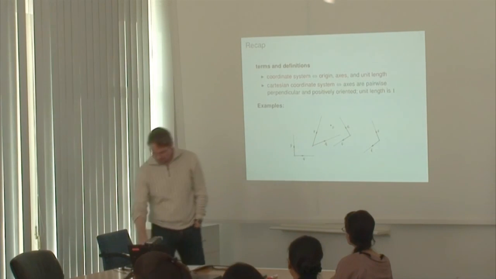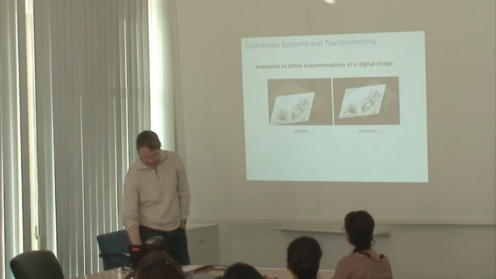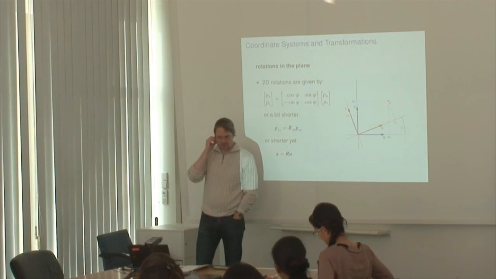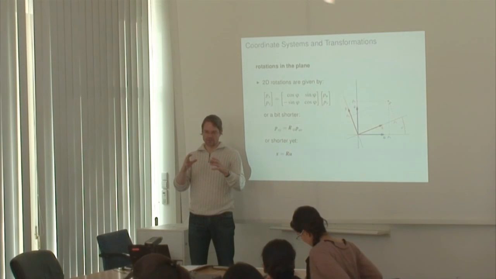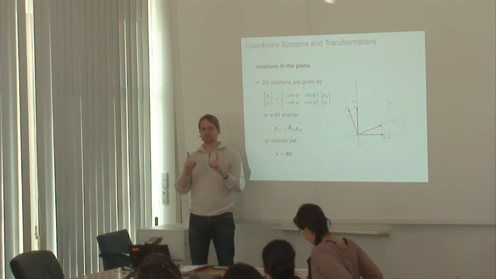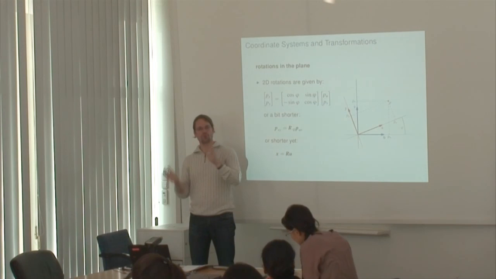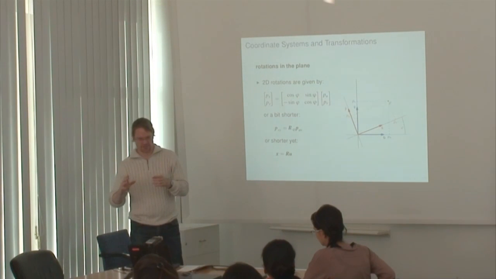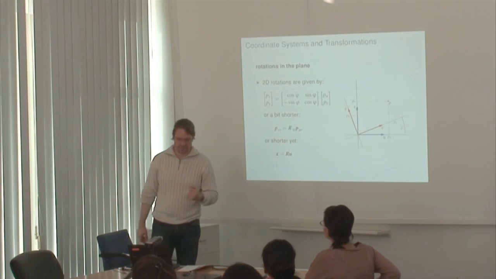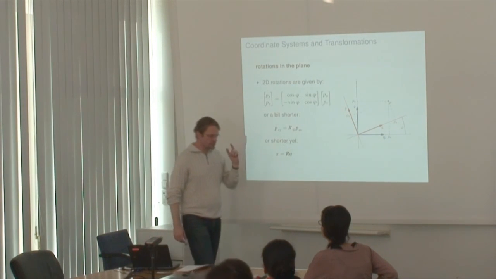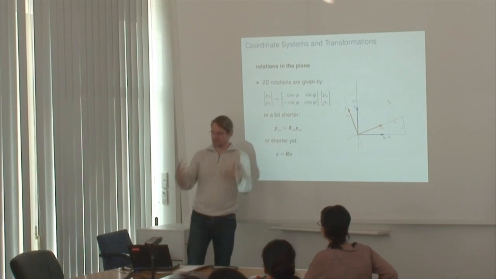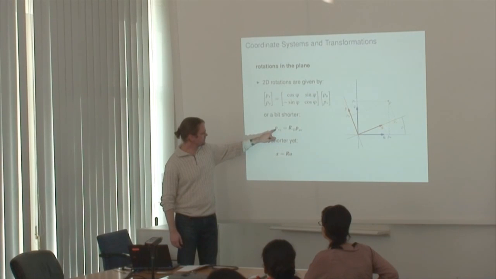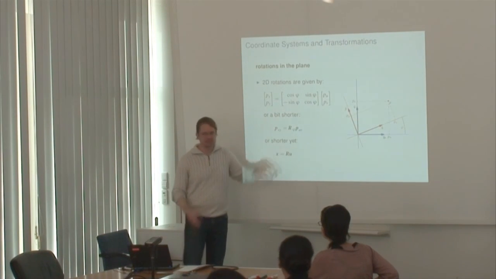The reason why I said that if we do these transformations, we can think of them either as doing something with the object or doing something with the coordinate system, and the reason why I said let's try to think of it as doing something with the coordinate system, is because if we think of it like that, we can say that the point is the same.